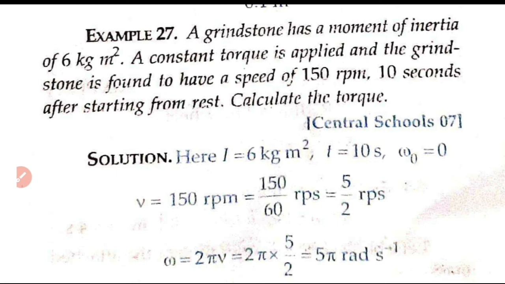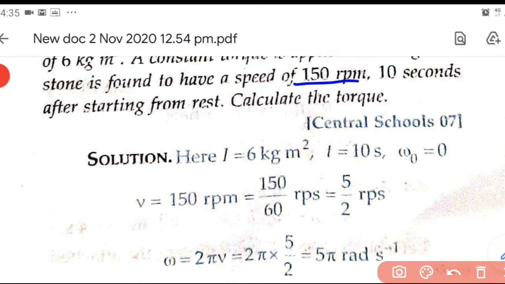So to find omega, the final angular velocity, we have this data, that is its speed is 150 rotations per minute. From that we will get nu, from which we will get omega. In 1 minute, 150 rotations, 1 minute means 60 seconds. In 60 seconds 150 rotations.